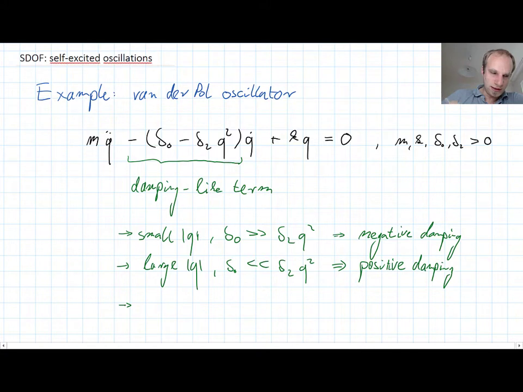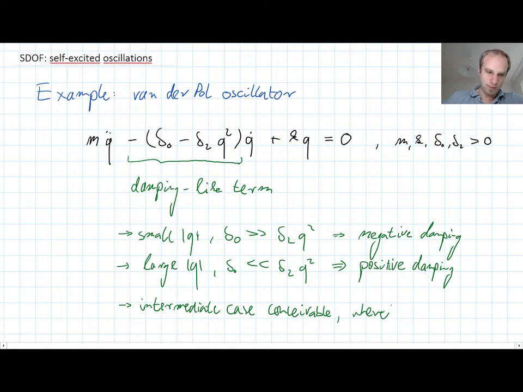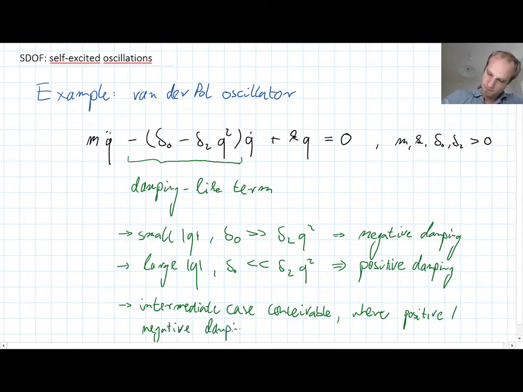So there's an intermediate case conceivable, where positive and negative damping cancel on average. But how exactly is, of course, the question.